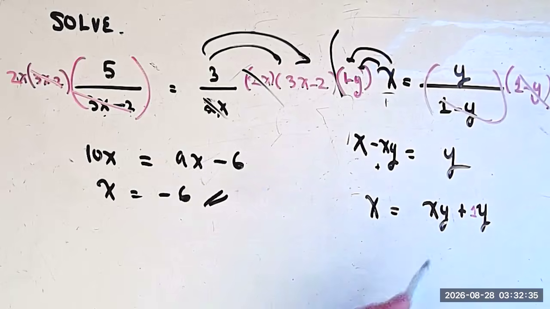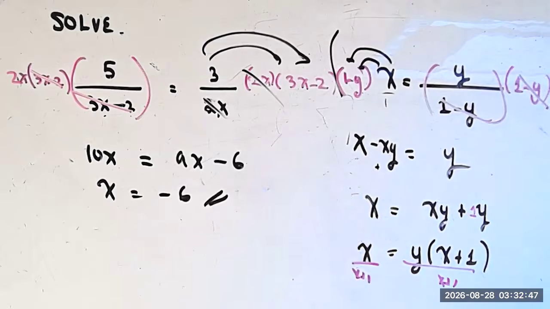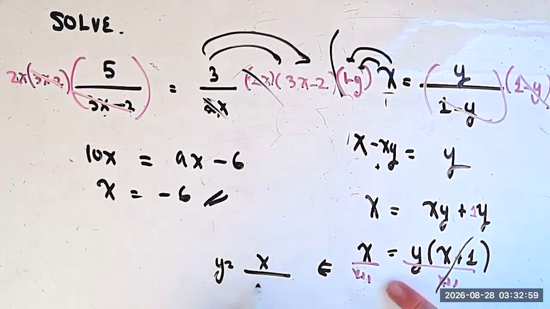There's an invisible 1 there. So x equals y parenthesis x plus 1. We just simply divide by x plus 1, so I'm going to write it here on the side. Of course, because this over this eliminates, y equals x over x plus 1, and we are done.